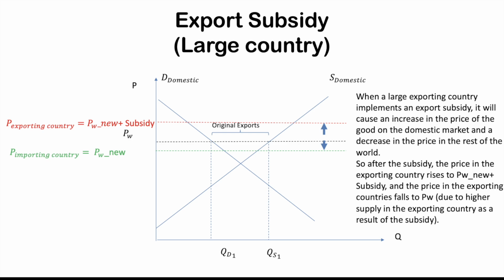So after the subsidy, the price in the exporting country, it's the country that we're talking about, rises to PW new plus subsidy. The price in the importing countries falls to PW just because there's more of this exported good out there. So now the new exports are higher, but the domestic demand is lower.